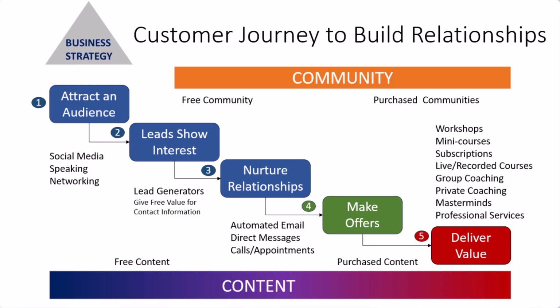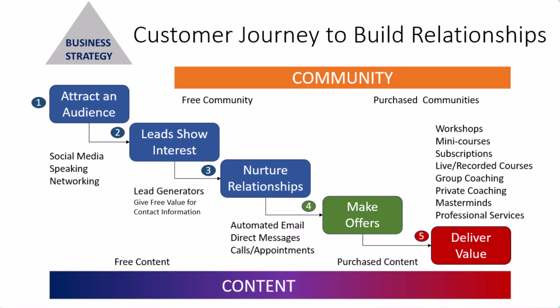those can be workshops, mini courses, subscription programs, live or recorded online courses, etc. And particularly with subscription programs, you may also have communities that interact with your community as part of a subscription program.